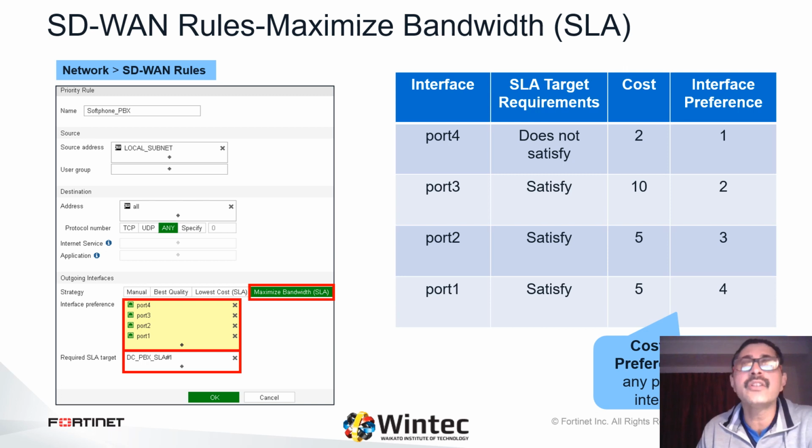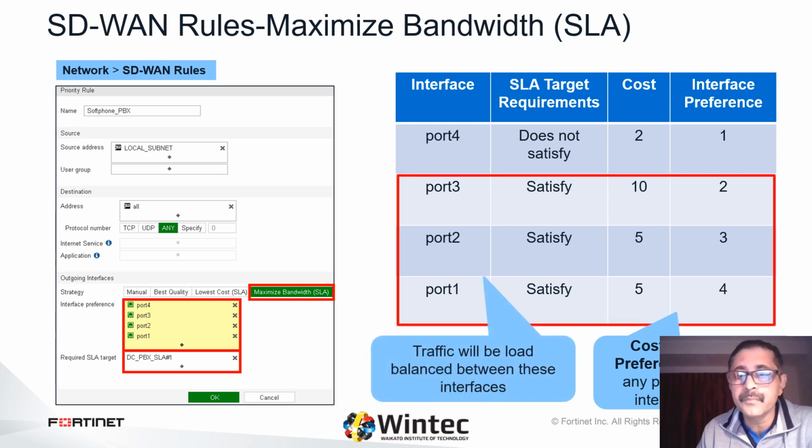The example on the slide shows this. Interface 1, 2, and 3 satisfy the SLA requirements and interface 4 does not. In this case, the traffic matching the rule will be load balanced between interface 1, 2, and 3. Using this method, FortiGate will not take cost or priority into consideration.